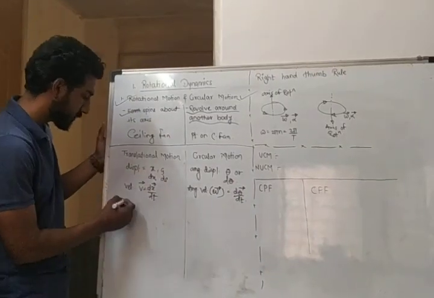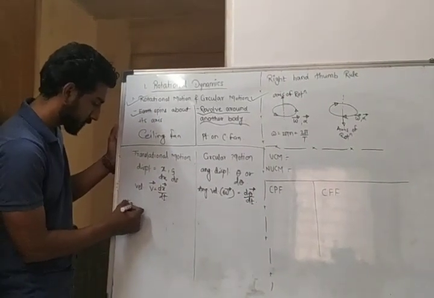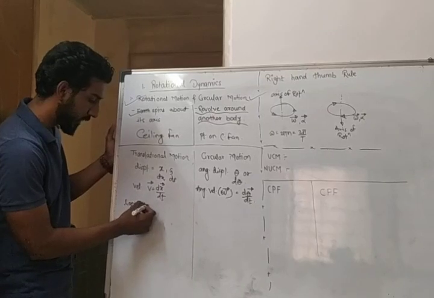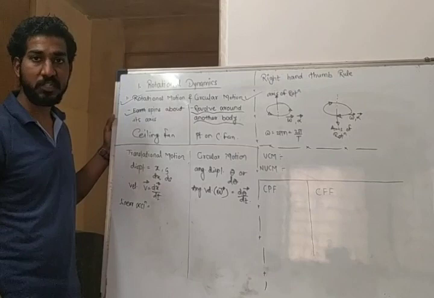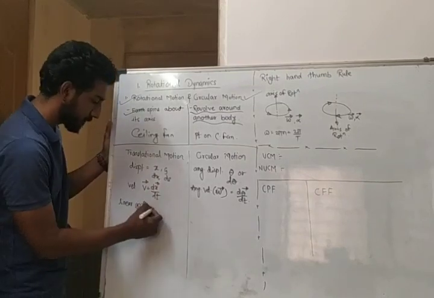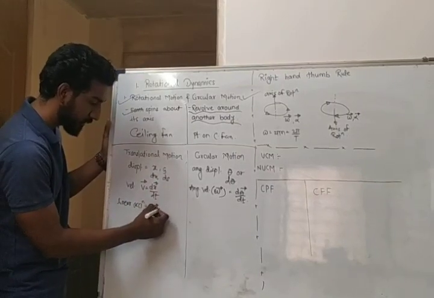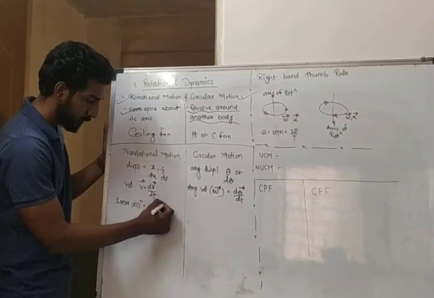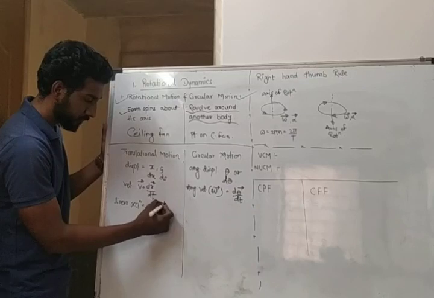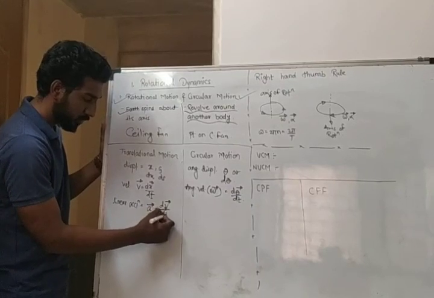So the next one is linear acceleration. Linear acceleration is what? It is the rate of change of velocity with respect to time. It is denoted by, let's say, a bar. Again it is a vector quantity, so I have written a bar over it. It is nothing but dv bar upon dt.